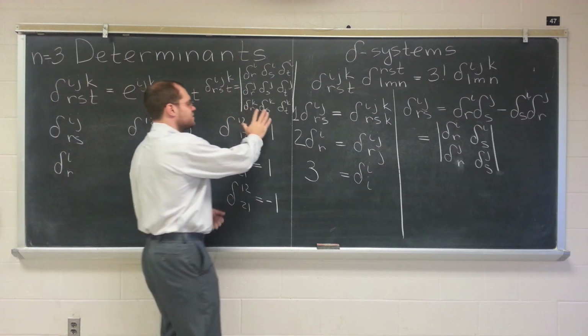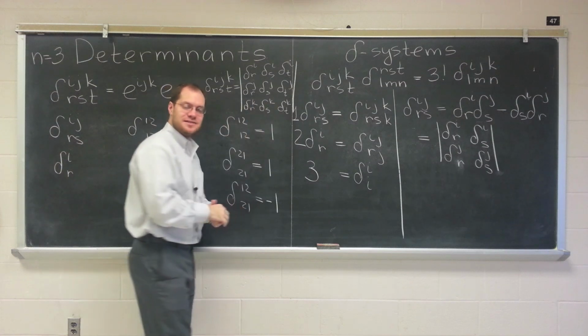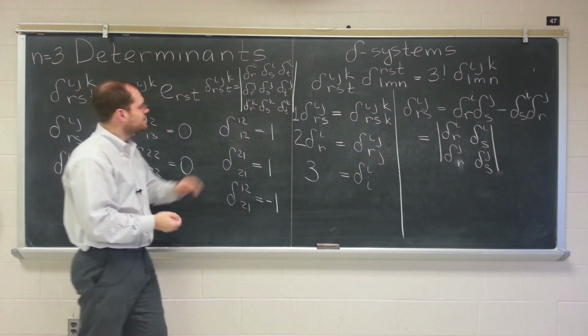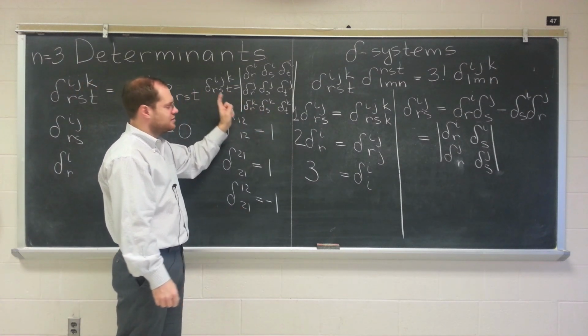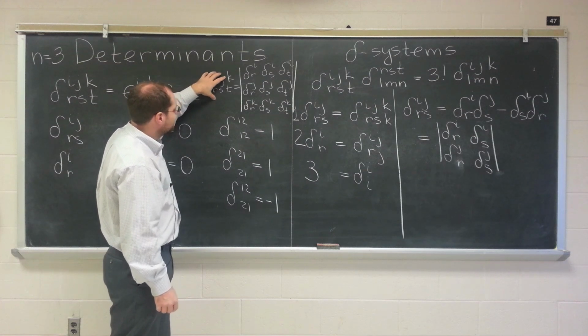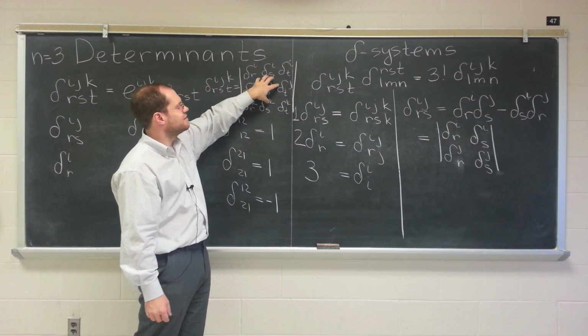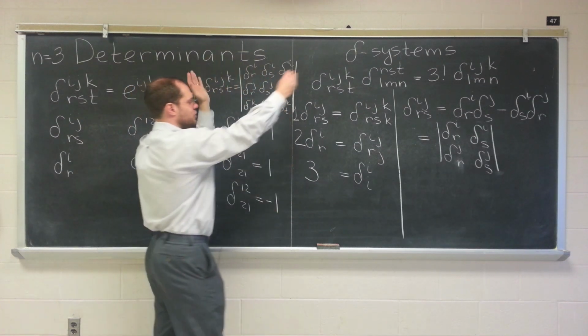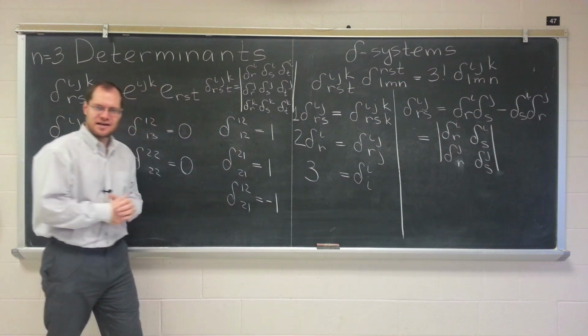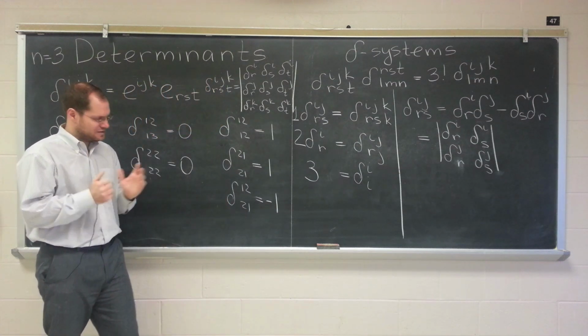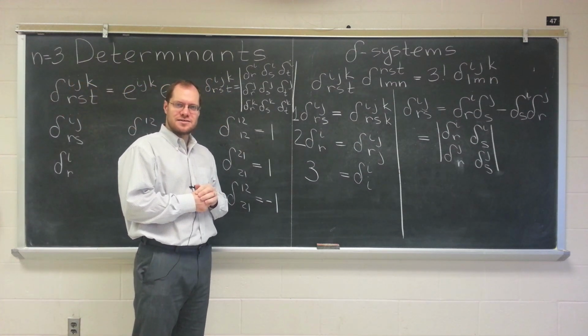And it's also in this form that this relationship is easiest to prove. So it's this form that helps you argue that this symbol and these 6 terms in a sum are actually equal. Okay, so that's the crux of the delta systems.